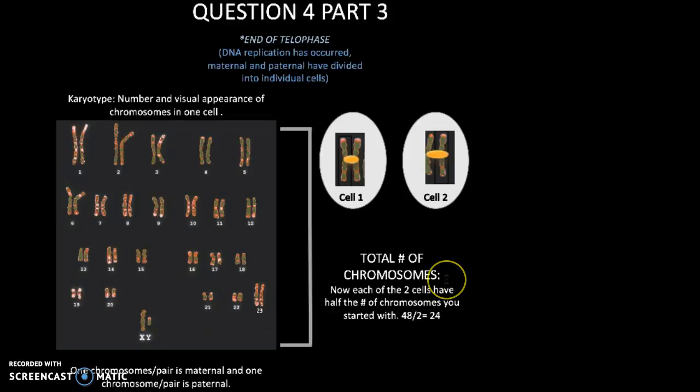So the total number of chromosomes per cell. So there's 2 cells, and each of those are going to have half of the number of chromosomes that you started with, okay? So we started with 48, and we're going to divide that by 2. So one of each pair will go to one cell and one will go to the other. That's the beauty of having 2 copies of each.